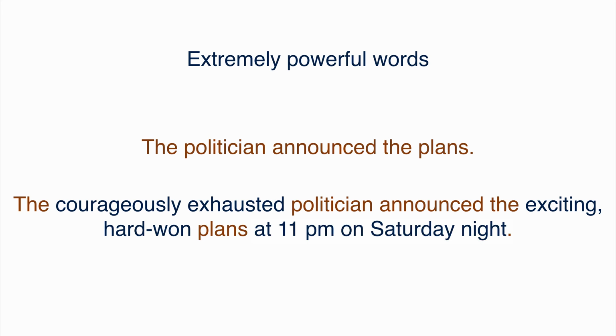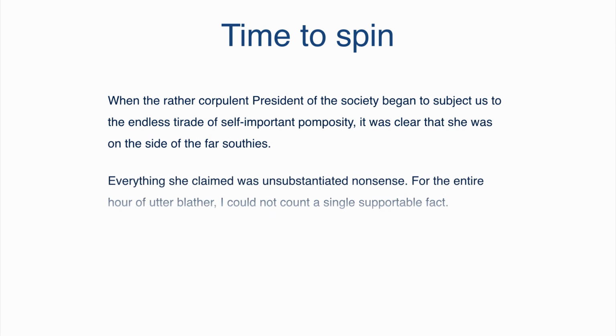Notice the difference that the choice of words makes to your interpretation and your thoughts about what is actually led up to these events. Okay, now it's time for you to practice. On this slide, you may want to pause the video and take time to identify the words in the description that you consider have been deliberately chosen to affect your opinion of the president that's being talked about.